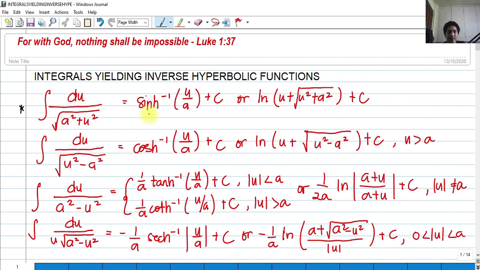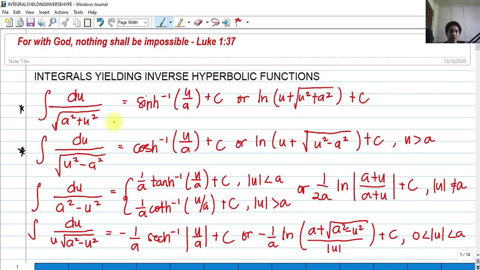We'll be having inverse hyperbolic sine of u over a plus c. This is the equivalent inverse hyperbolic sine. Or in natural logarithm, we can express that using the same definition for our a and u. So we have the natural logarithm of the quantity u plus the square root of u squared plus a squared, which is basically the denominator here, expressed in a squared plus u squared, and then plus c. So that is for the inverse hyperbolic sine.